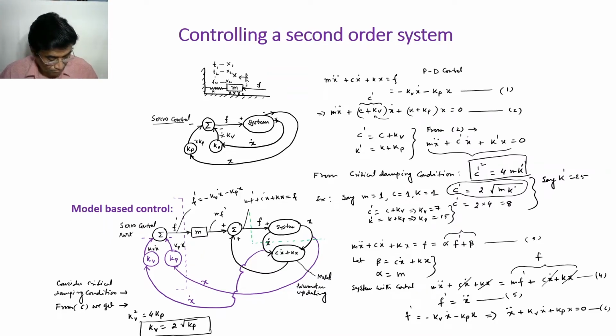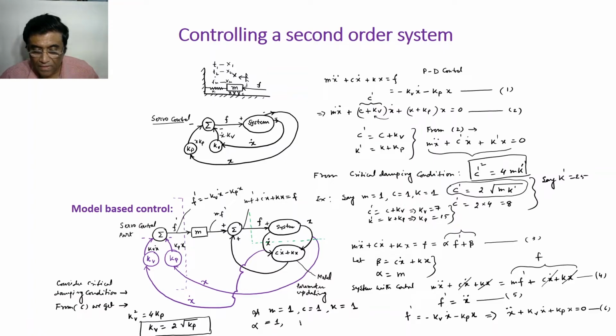So you see, if m equals 1, c equals 1, and k equals 1, then everything I can compute. So what is your alpha? Alpha equals m, alpha equals 1.